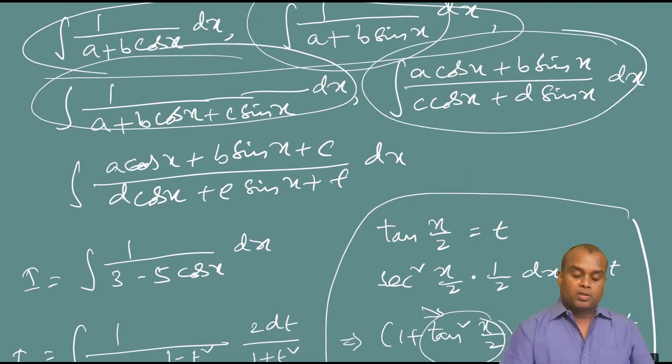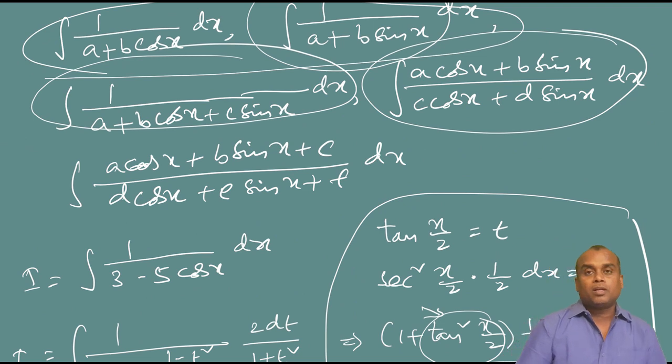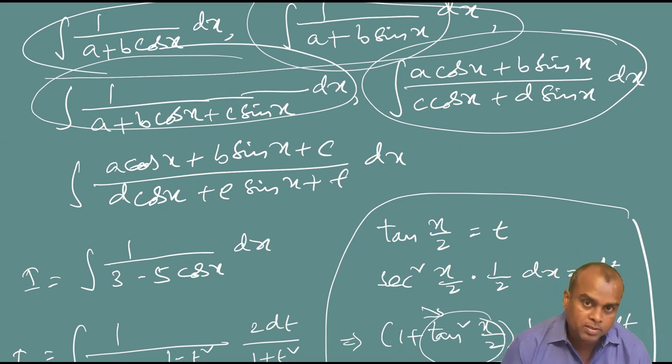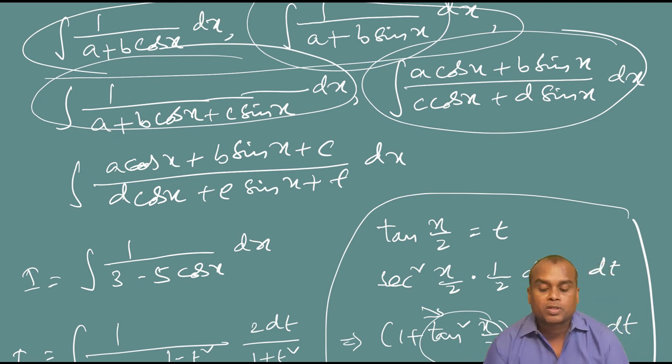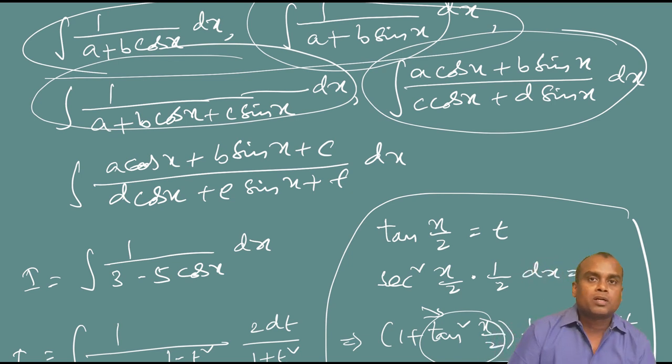Next type. The next type is integral a cos x plus b sin x by c cos x plus d sin x. I want you to observe that there is no constant either in the numerator or in the denominator.